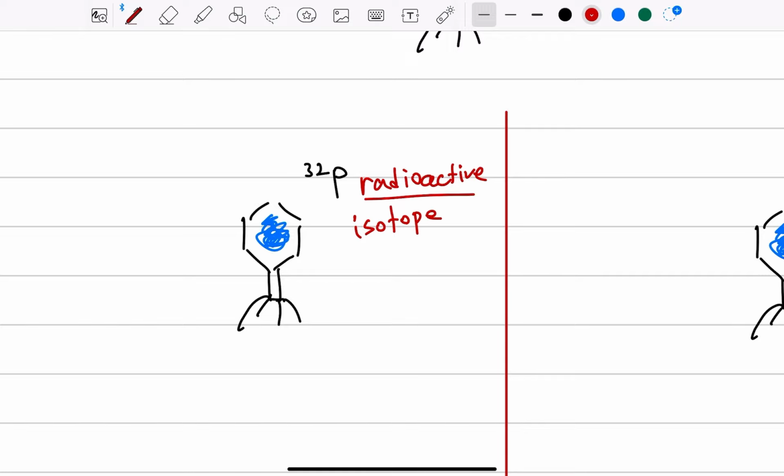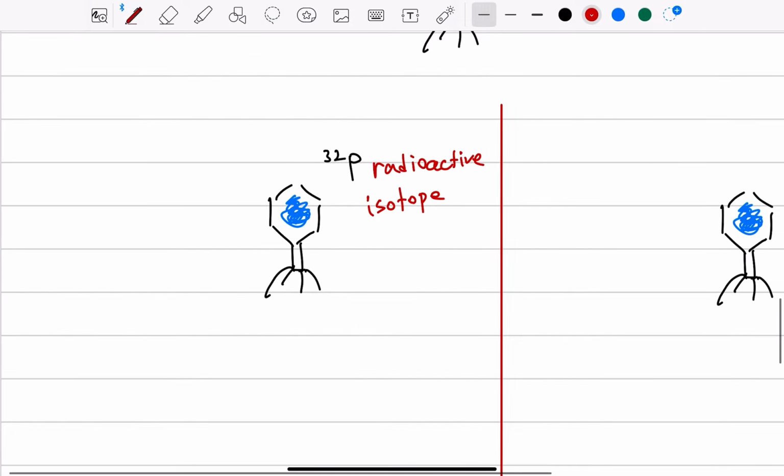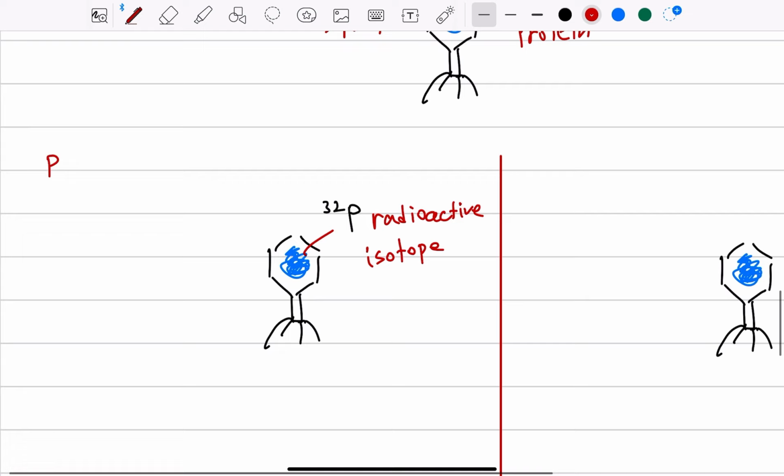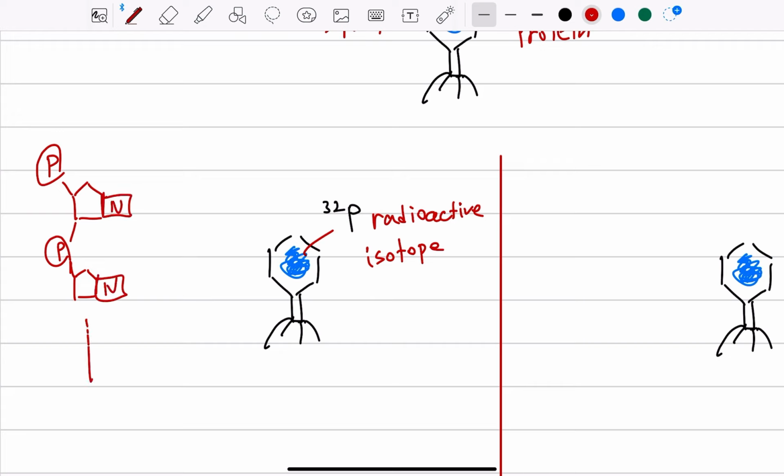Remember that the DNA has a structure like this, right? And then a nitrogenous base here, and so on, and the other way here. So it has phosphorus and nitrogen, and they chose to use phosphorus here.